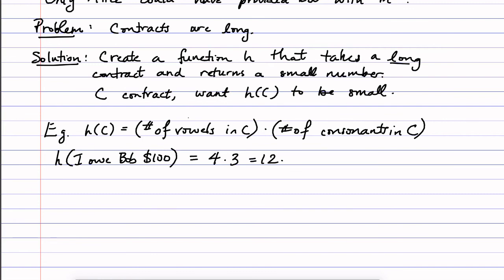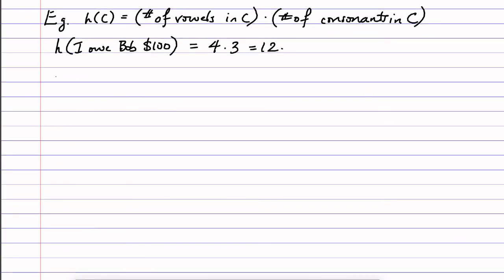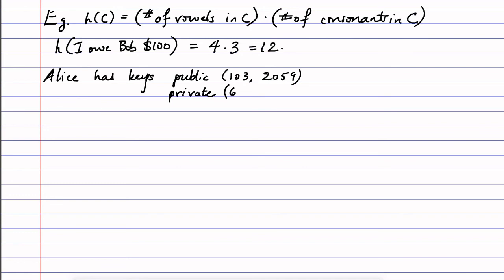Now we can actually use real numbers to show how Alice could sign this contract. If Alice had keys, say public key 103, 2059, as in one of the previous examples, and private key 647, again 2059, then she would sign the contract by taking H of the contract and signing that number.